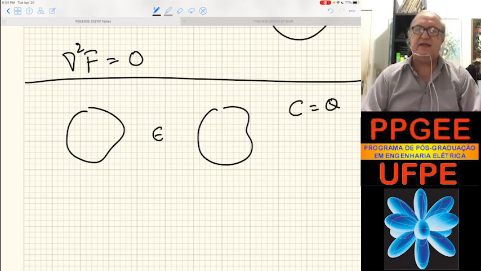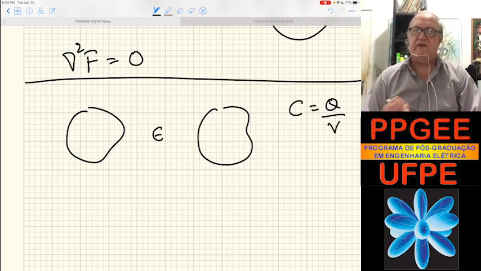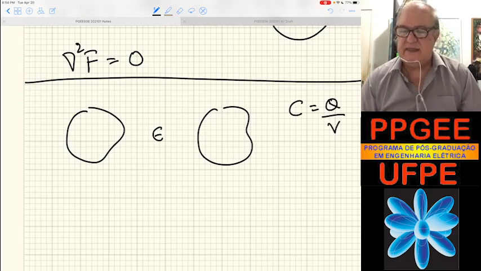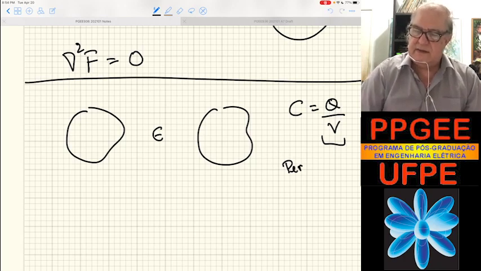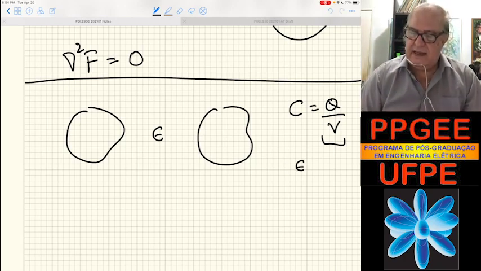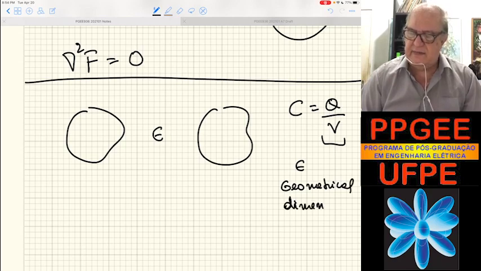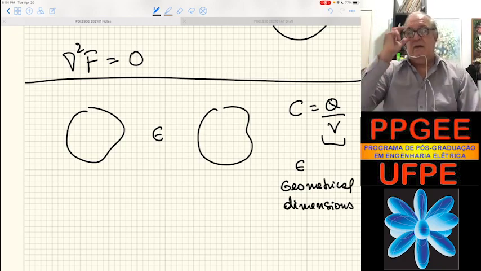Capacitance is charge transferred divided by potential difference. As the system is linear, this only depends on permittivity and geometrical dimensions. That's what capacitance depends on.